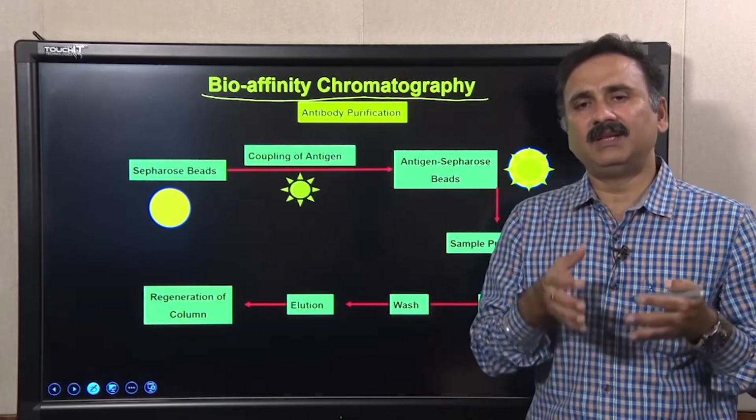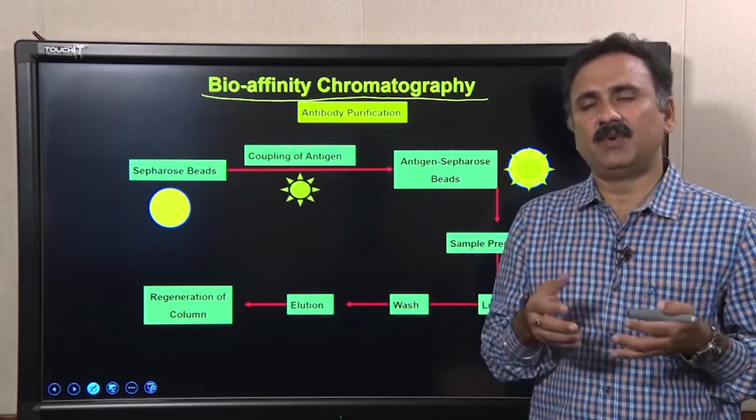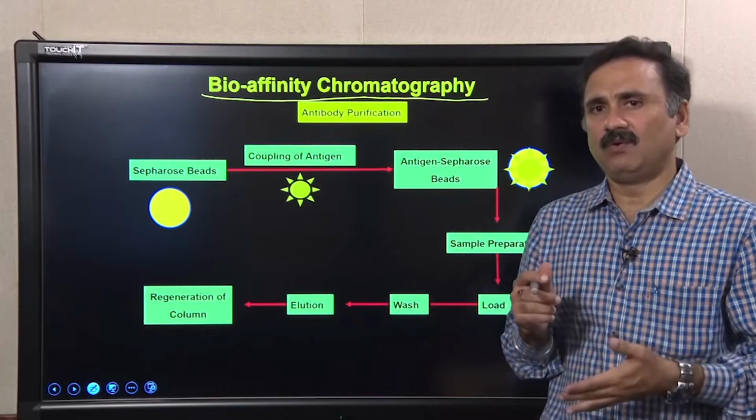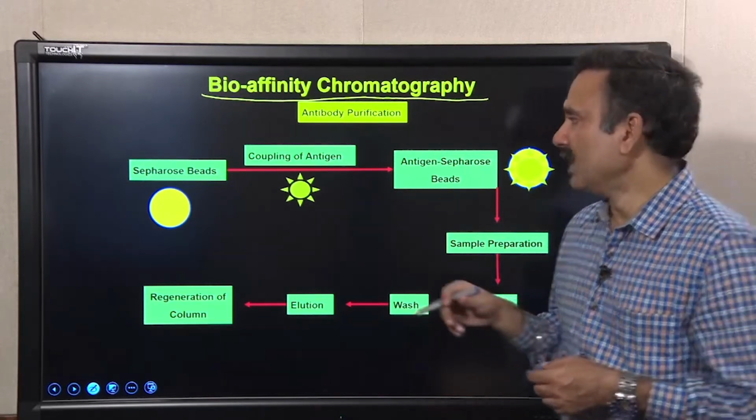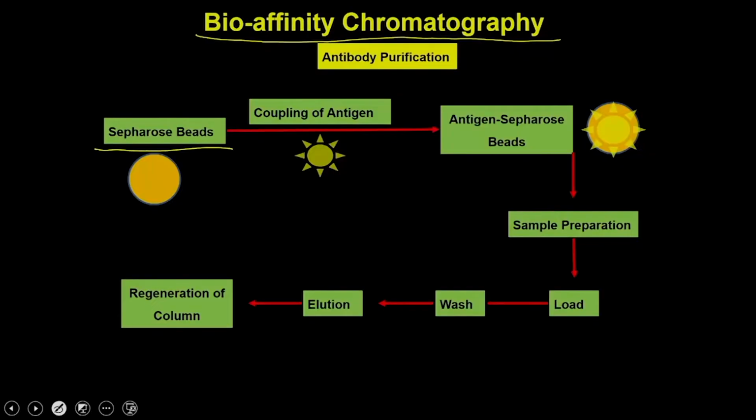So, the first step is that you have to purify the antibodies utilizing a series of steps. You take the sepharose beads, which have functional groups.